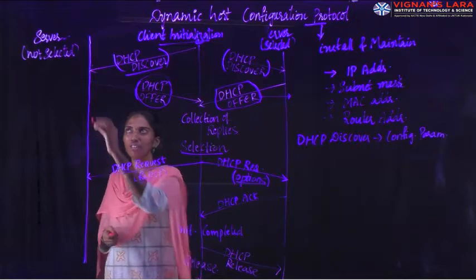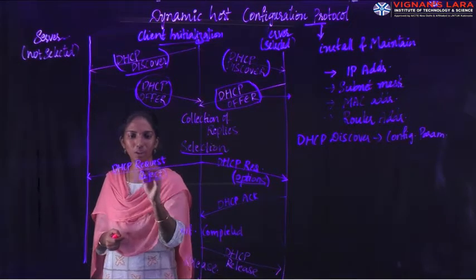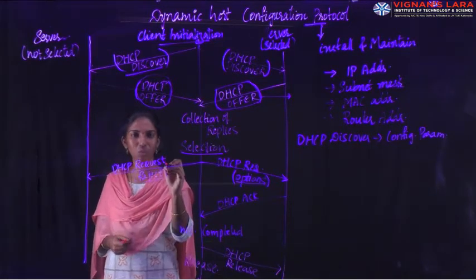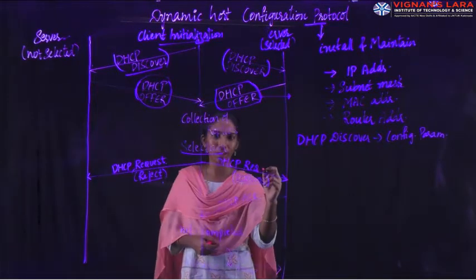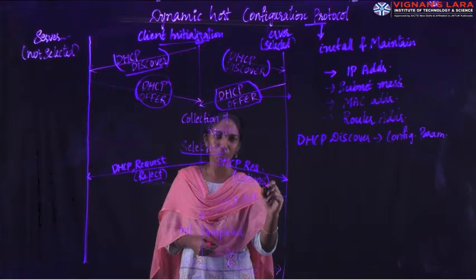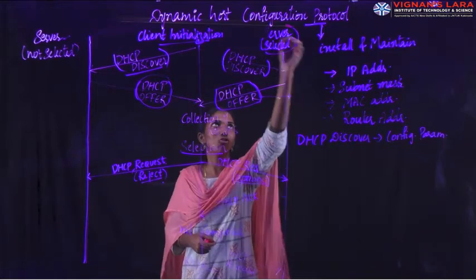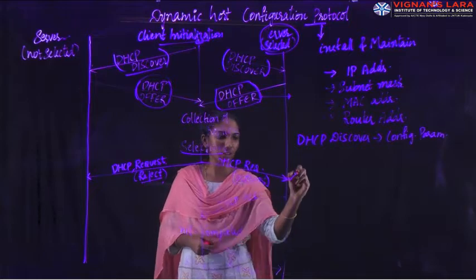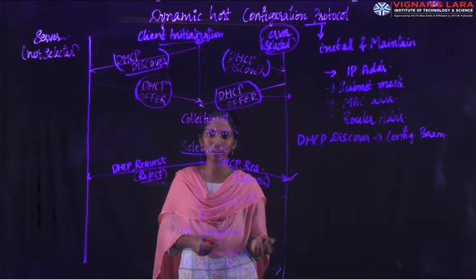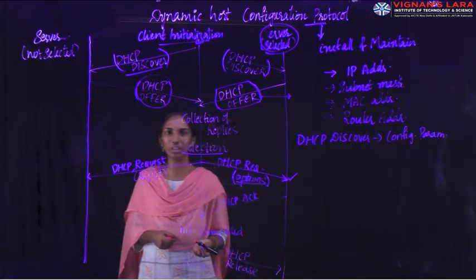So for the servers not selected, it is going to send a DHCP request with a reject packet, and at the same time it is going to send a DHCP request with options to the server it chooses. It has been sent with the request, along with the additional options available with the server.